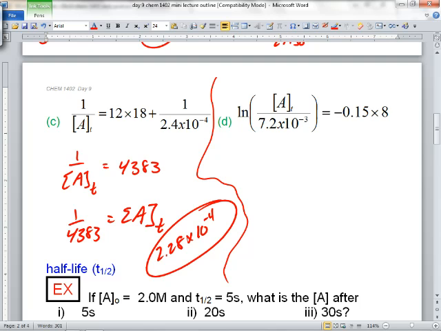Okay. Here's another one. Mallory, what should we do first? Yeah, let's multiply that thing out there. So we'll have natural log A at time t equals 7.2 times 10 to the negative 3, 0.15 times 8. That's negative, so negative 1.2. Now what?